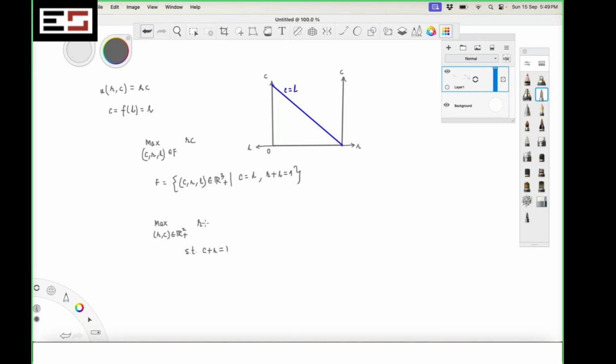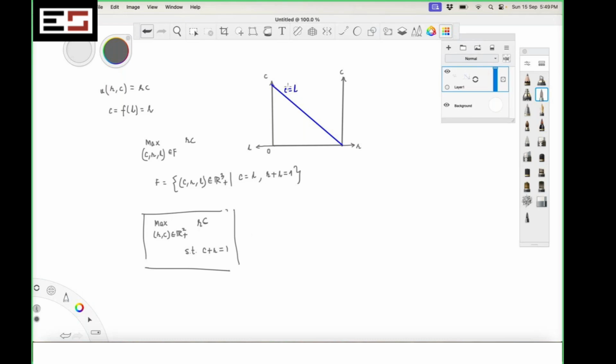Okay, and R times C, right? Do you agree I can just reduce this problem by eliminating one of the variables, L, because I know that R plus L is 1. So by eliminating one of the variables, I can just reduce this problem to a two variable optimization problem, right? Yes or no?